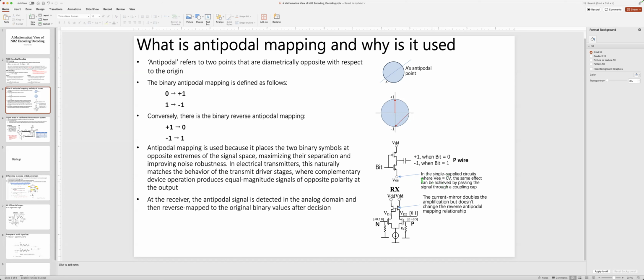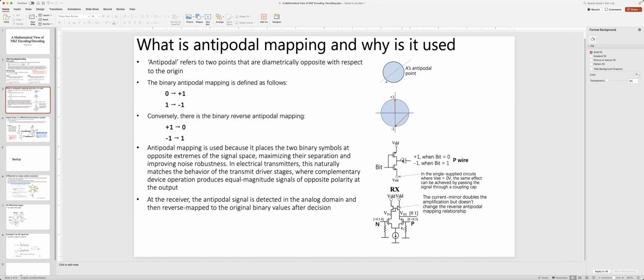And if the VEE minus supply, the negative supply, is actually 0 volt, so that means there's no negative supply, then the swing will be restricted to 0 volt to 1 volt.